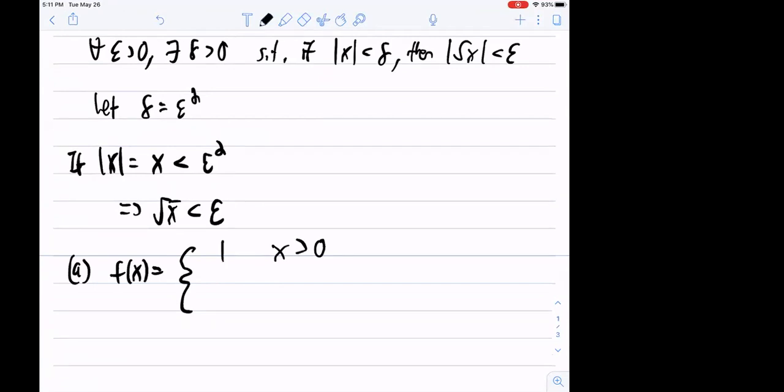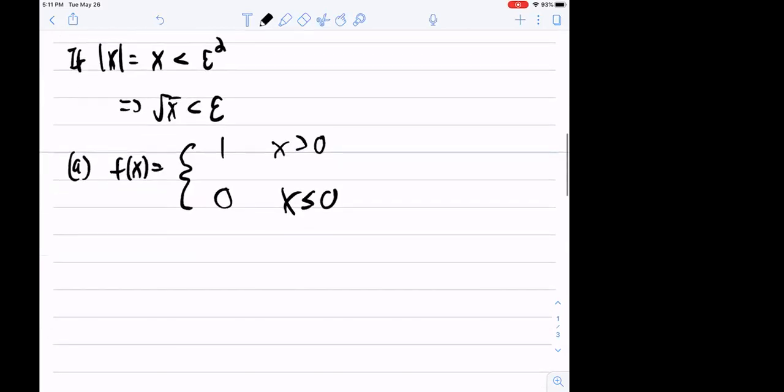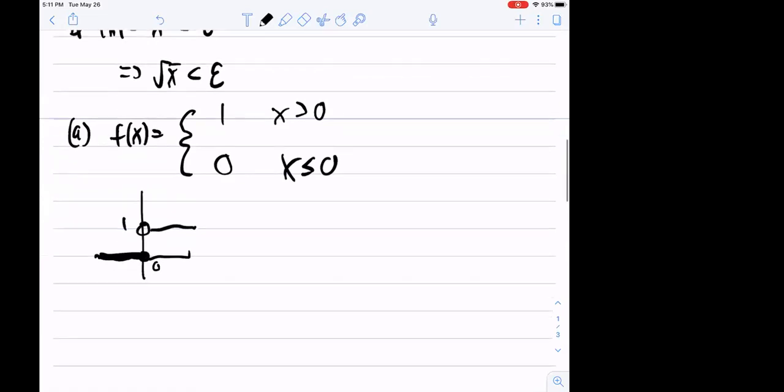It really doesn't matter, but x less than or equal to 0 is 0. Yeah, so it looks something like this, right? So hopefully by picture you are convinced this is not continuous at 0. So let's show this using the epsilon delta definition, right?